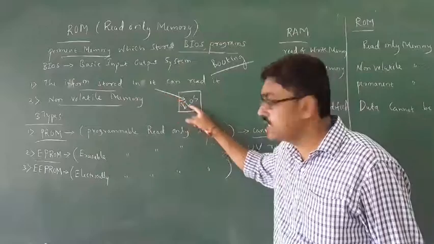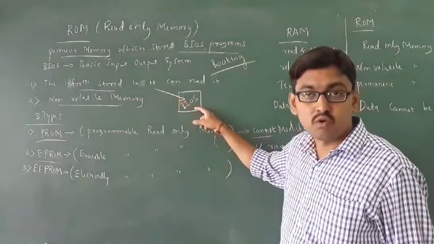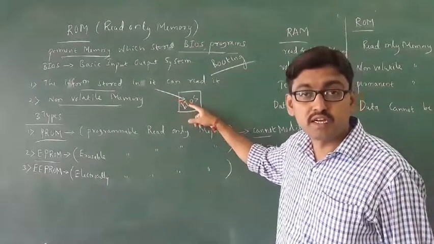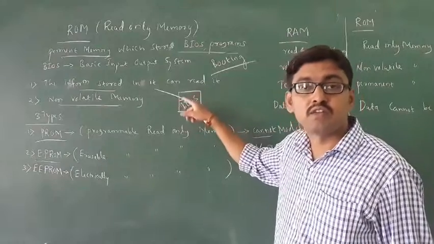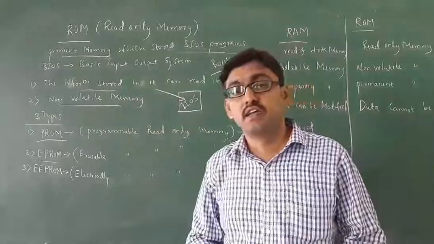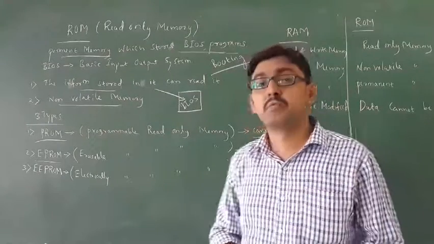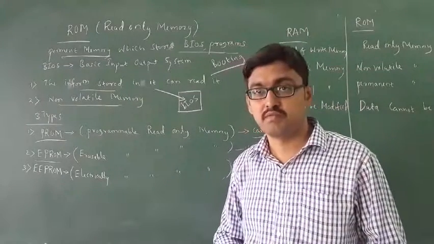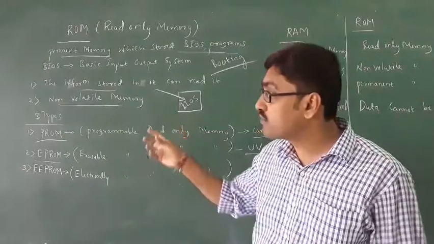You just have to pass the current through this ROM, and then whatever data is in the ROM will be erased. That's why it is electrically erasable programmable read only memory. These are the types of ROM.